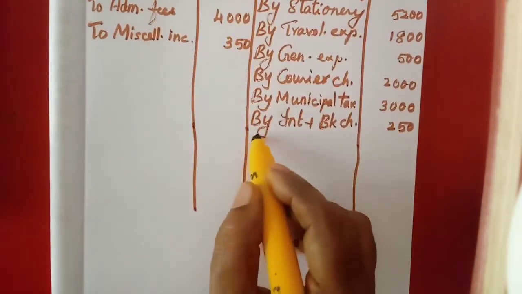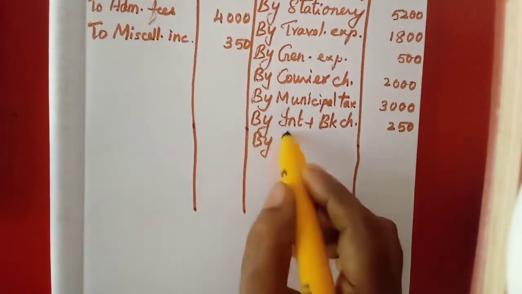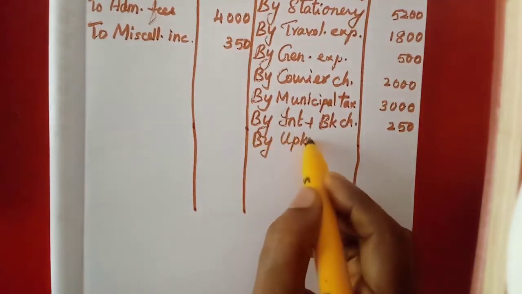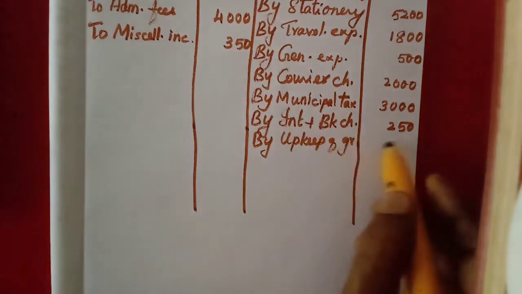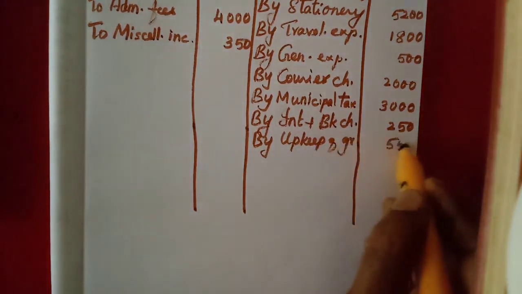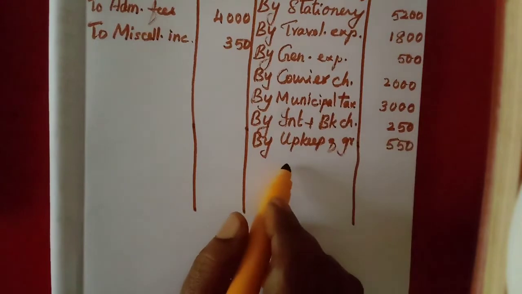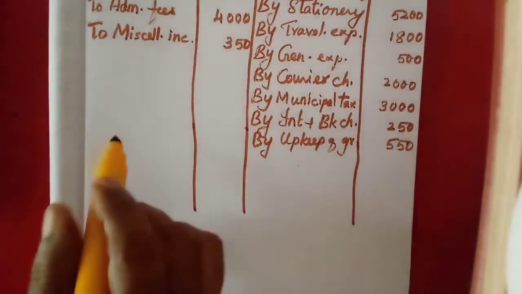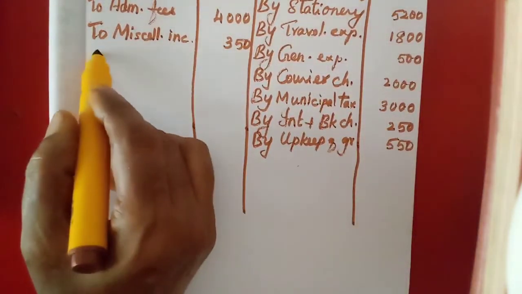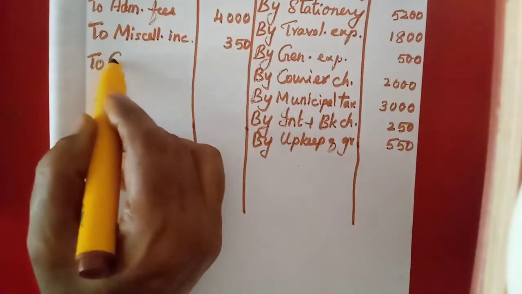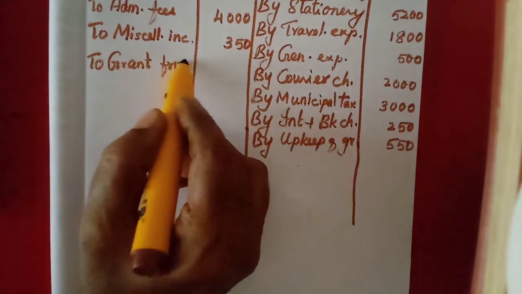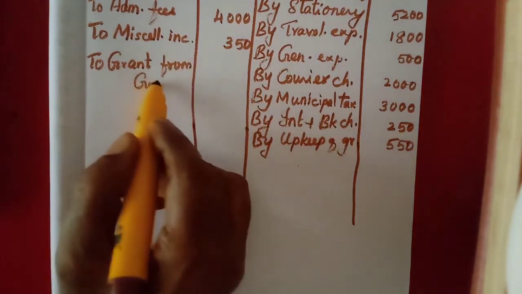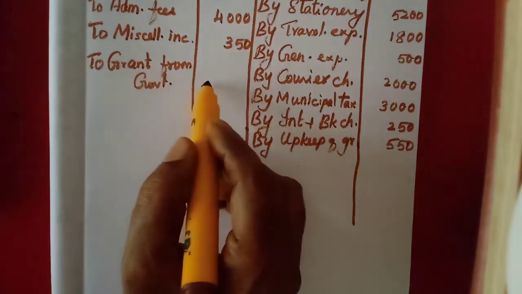Upkeep of ground, that is payment. $550. Grant from government, that is an income. $12,000.